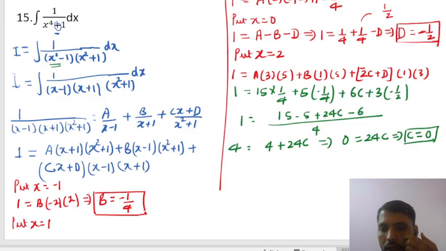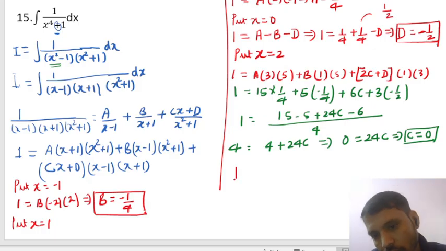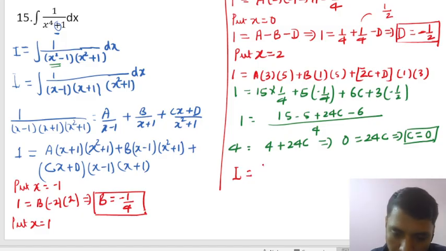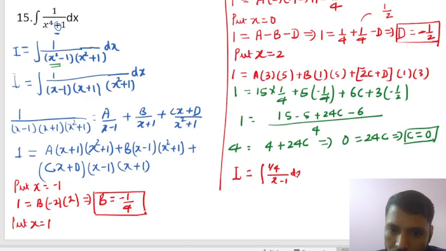So what is our final integration? Here we will write the final integration. I is equal to the integration of the first term, that is a by x minus 1. A we have 1 by 4. So 1 by 4 divided by x minus 1 dx plus b.